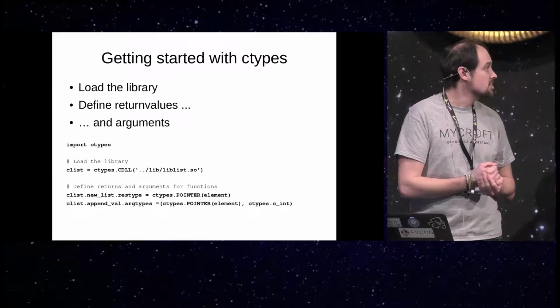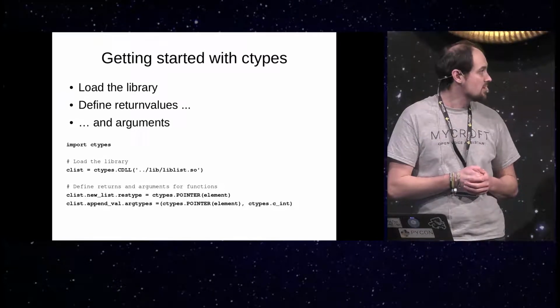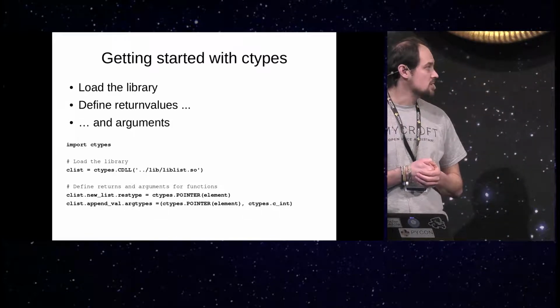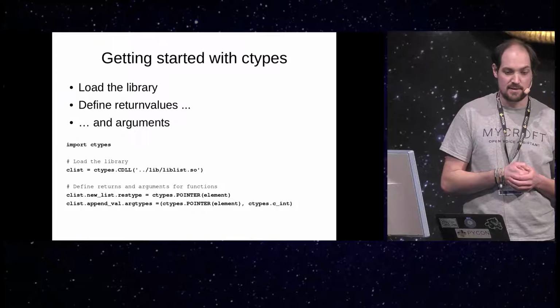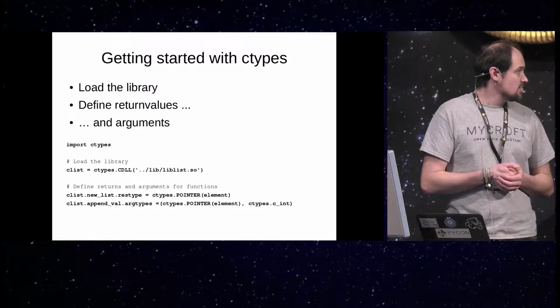This could also be, if this was installed in the system path, we would just enter list. So you would cut away the lib and the .so and just use that as a reference.